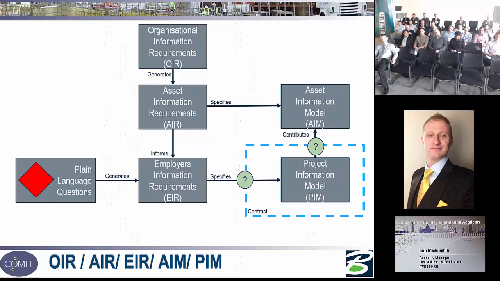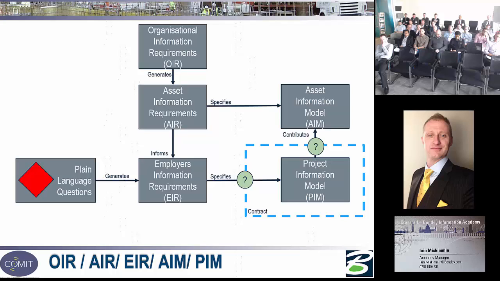So I'm glad there are a few people in the room that understood the 3D model bit because that's a really big, terrible culture thing that's been foisted on the industry for many years. So all this defines EIRs, Employer's Information Requirements. Now, this is the information you need to know to deliver your asset at the end, and what information the client needs to know to run that asset in the end.